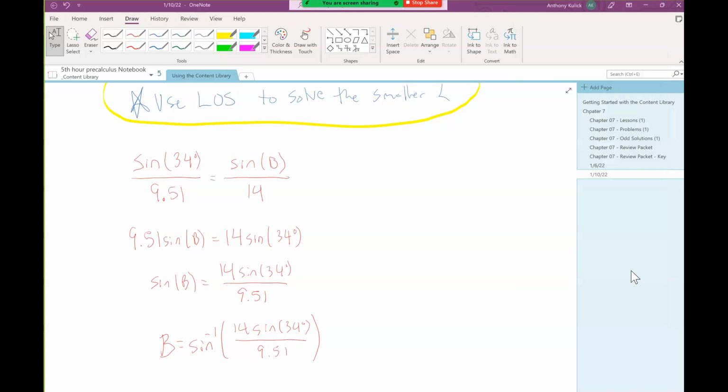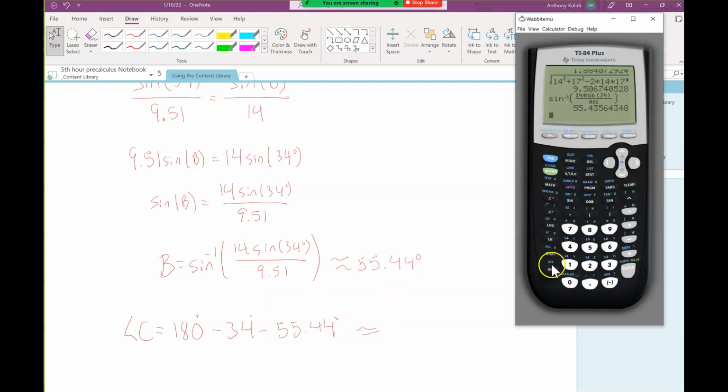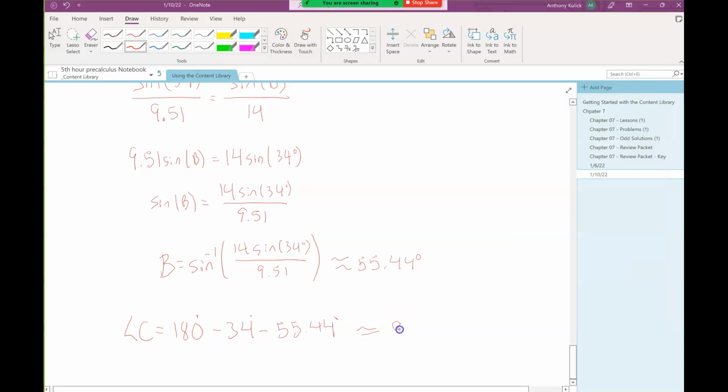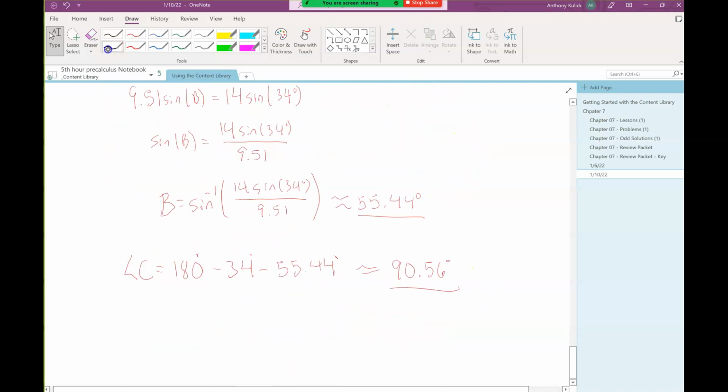So 55.44. And then to find angle C, that's really easy because we know angle A and we know angle B. So 90.56. You feel okay on that?